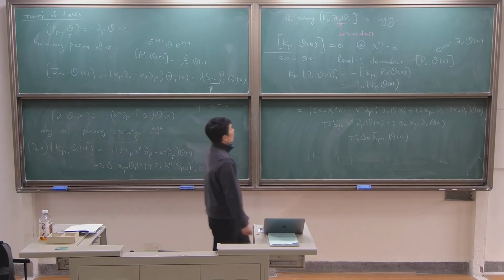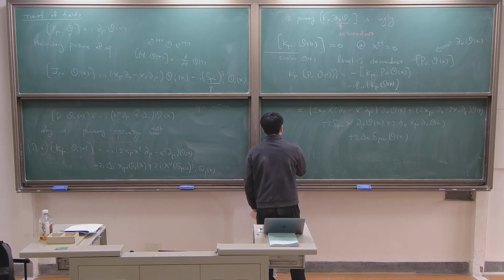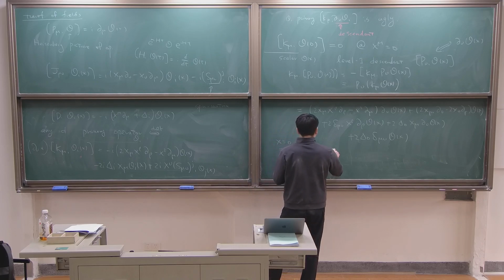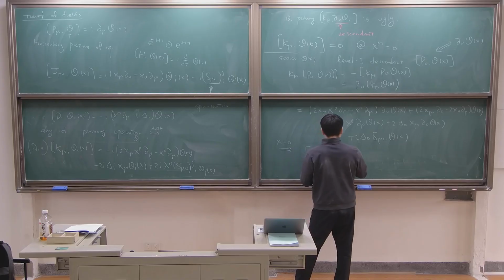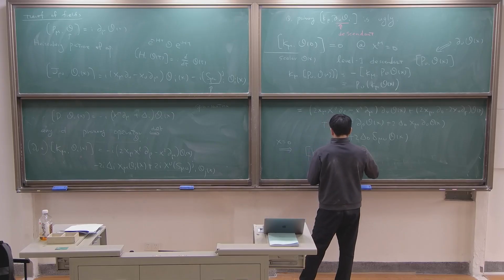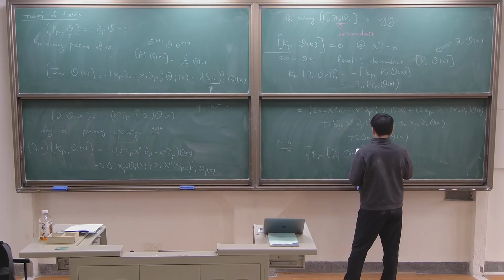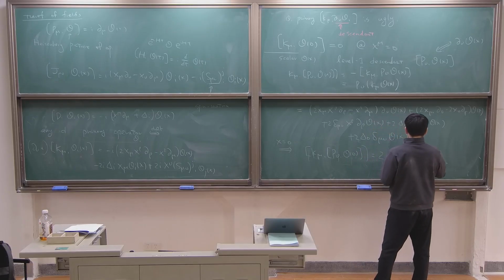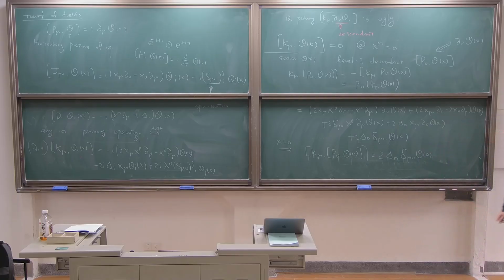Okay. And if you take x goes to 0, then you get K mu and P mu on the operator at 0. And this is equal to 2 times delta 0 partial mu on the operator. So this is what you get.